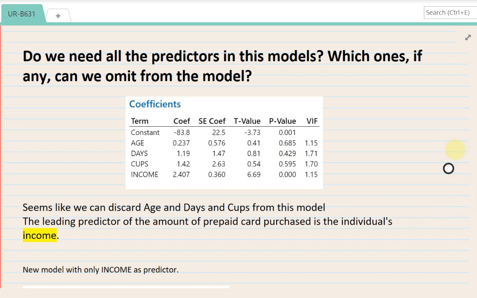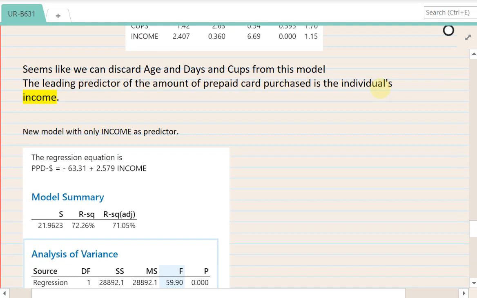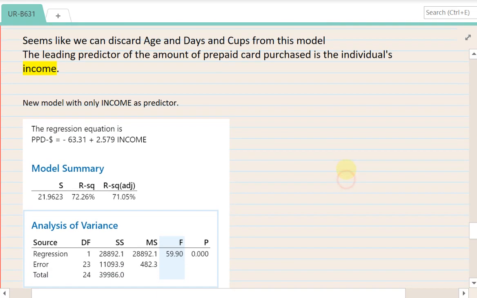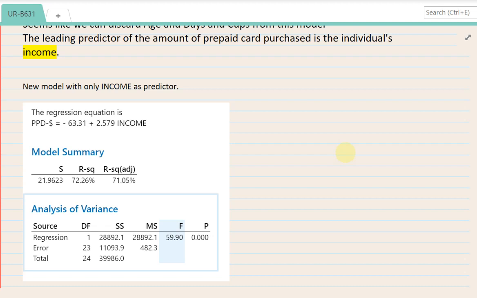Now, what I did is I said, okay, do I throw them away? Yes, you actually do. So I created a new simple regression model, and there you go. This p-value in the ANOVA, again, is almost 0, meaning yeah, the simple linear regression actually works well here too.